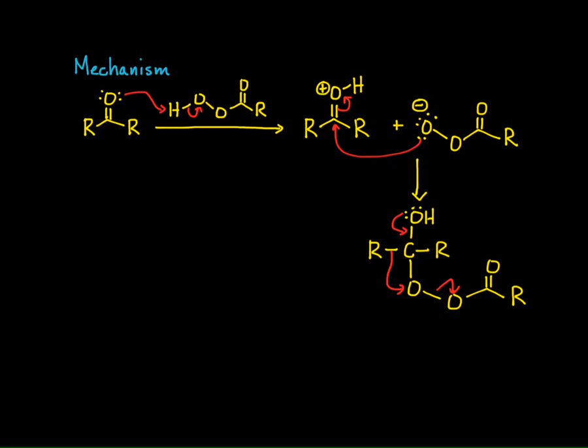So the key is that there is a migration step of one of the R groups, and we'll discuss which R group actually undergoes migration in just a little bit. But the key in terms of the mechanism is recognizing that one of the R groups moves and it kicks off an acetate. So the result looks like this.